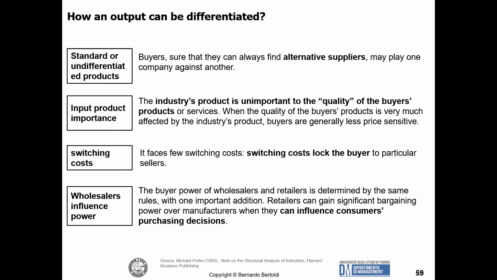If consumers are influenced by the wholesaler, who is their counterpart when they buy, and you are not there, in that case the wholesaler can have a huge power in dealing with their suppliers. It can put you and others on the same level again, because it can influence your final customer to say, okay, let's buy this product or that product.